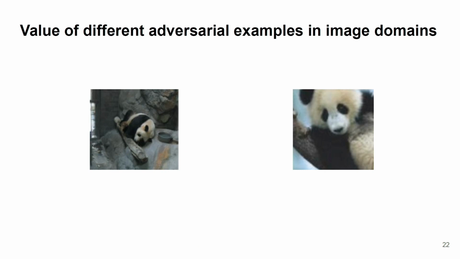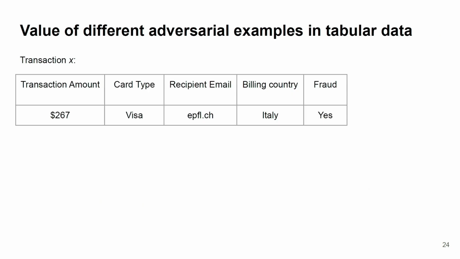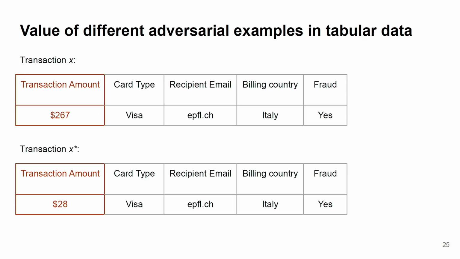Let me also talk about another issue. Here are the two images of pandas. And usually in the image domain, it is considered that both these images have the same value for an adversary. And this is a completely logical assumption because indeed we have no reason to say that one panda is more important than another one. However, in the tabular domain, it may not be the case because imagine that we have two transactions, transaction X and transaction X star.